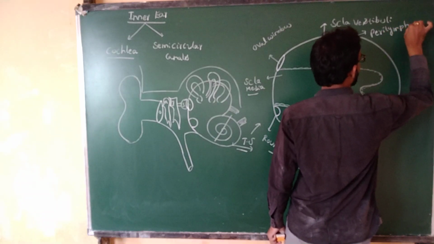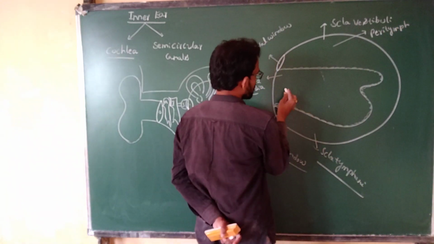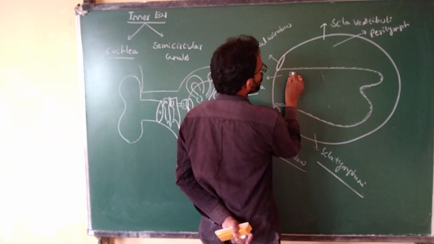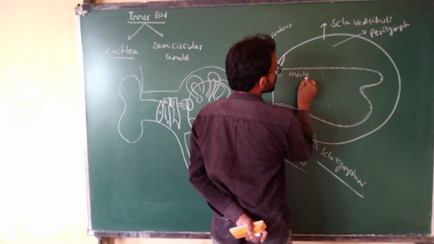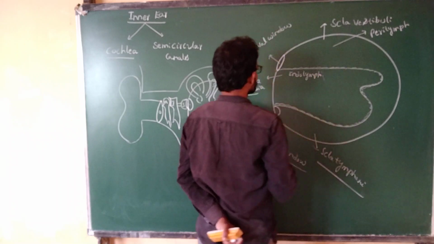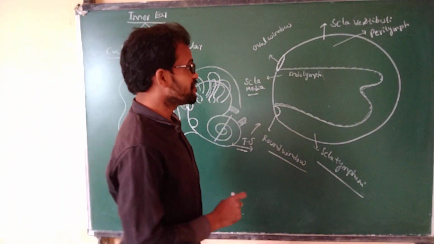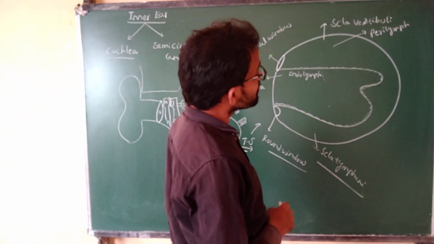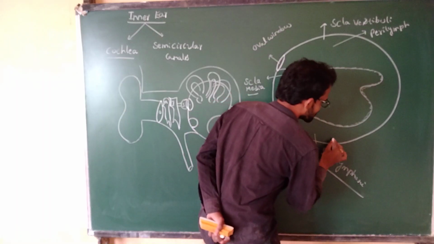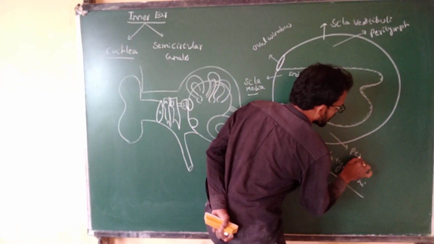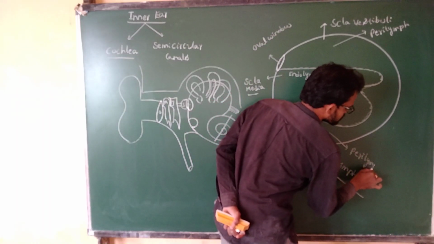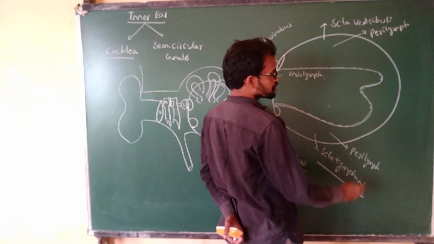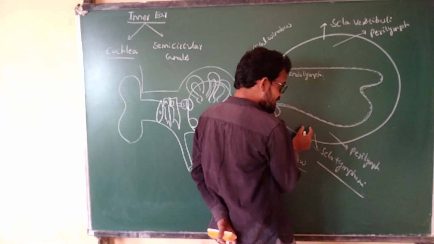Scala media is filled with endolymph. Scala tympani is filled with perilymph. So the scala vestibuli and scala tympani are filled with perilymph.